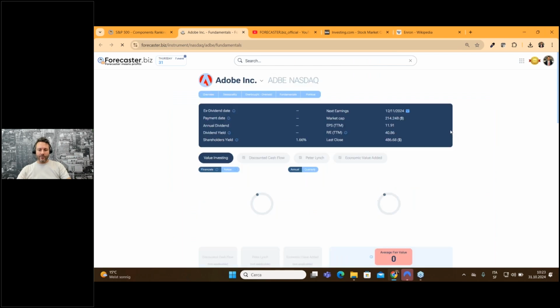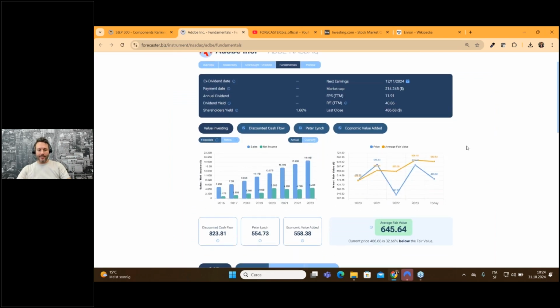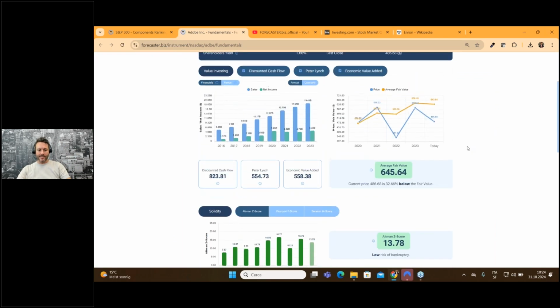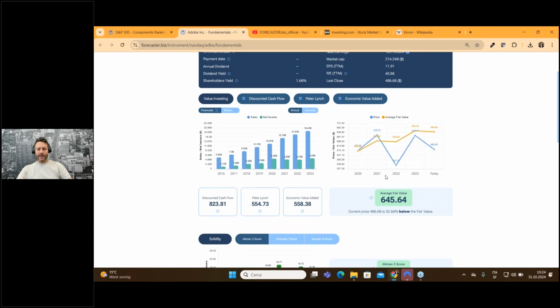Adobe is a very interesting company, fundamentally speaking, because as you can see, we have, as for ASML, a very solid fundamental analysis because for every method we use, we find an undervalued company.